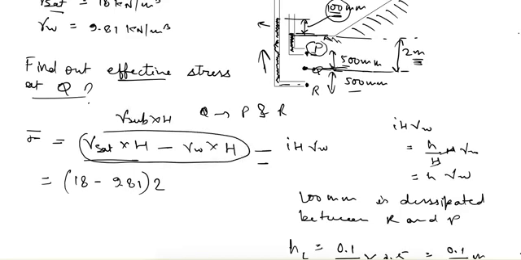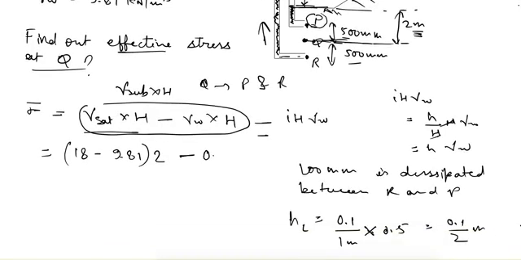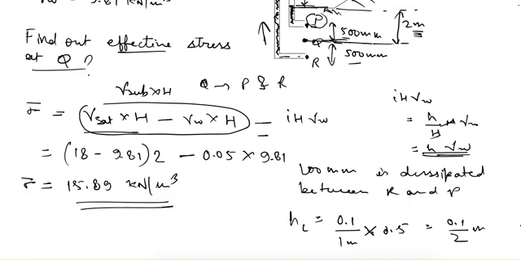We need not write total stress minus pore water pressure. And minus i H gamma W, we can write it as 0.05 times gamma W, which is 9.81. So I have replaced it with h gamma W. Solving this, effective stress comes out to be 15.89 kilonewton per meter cube. So that is the answer.